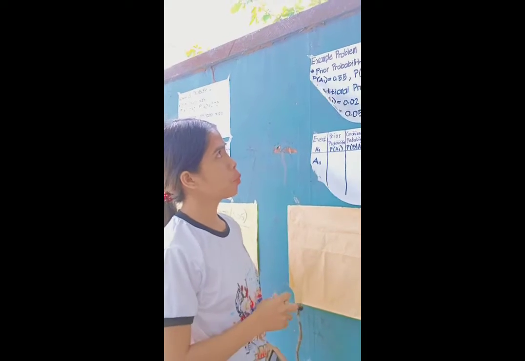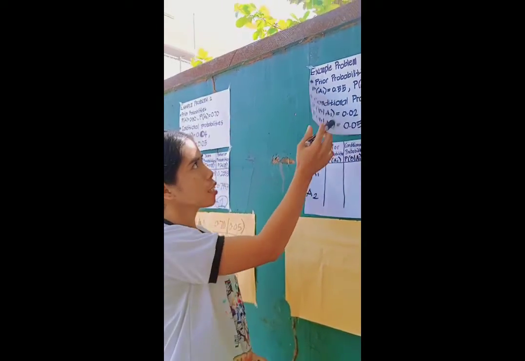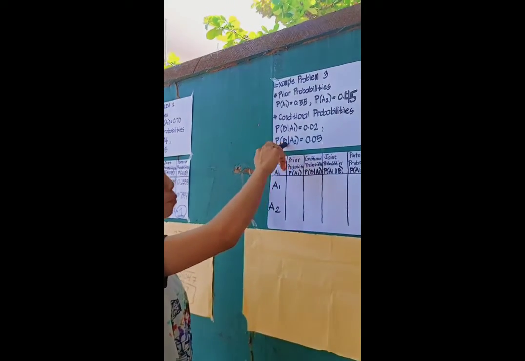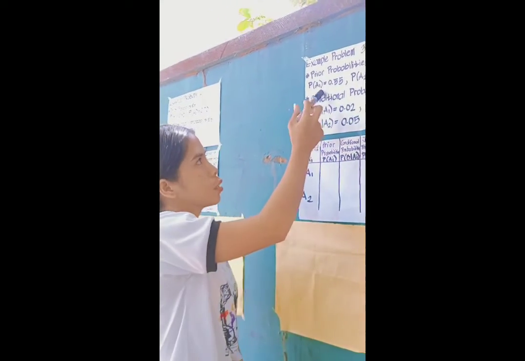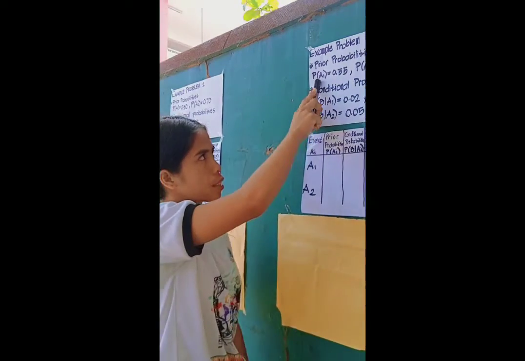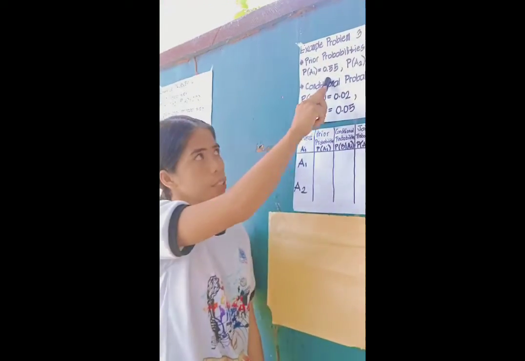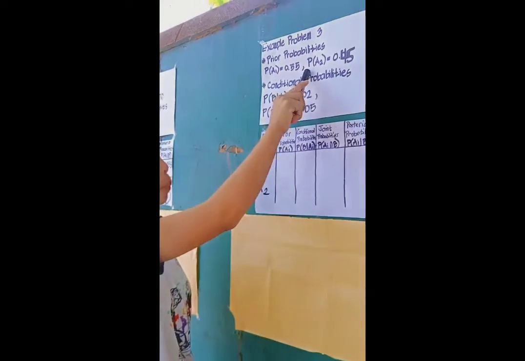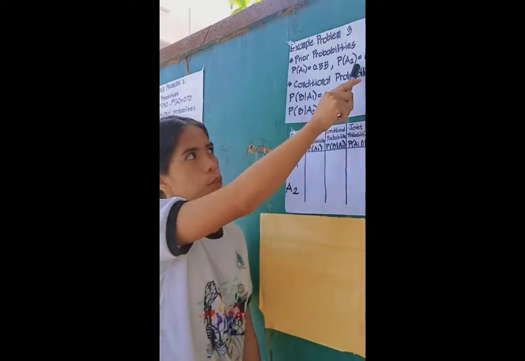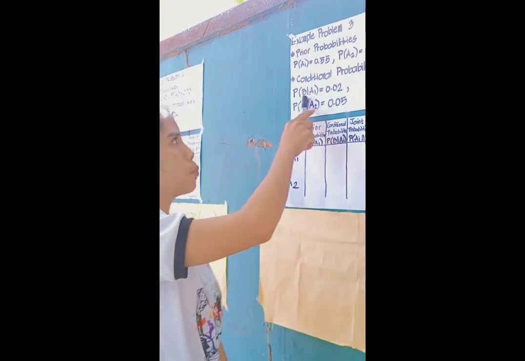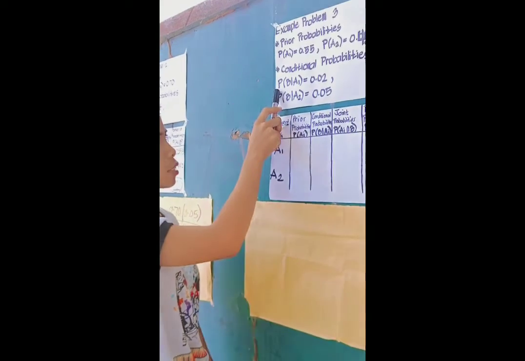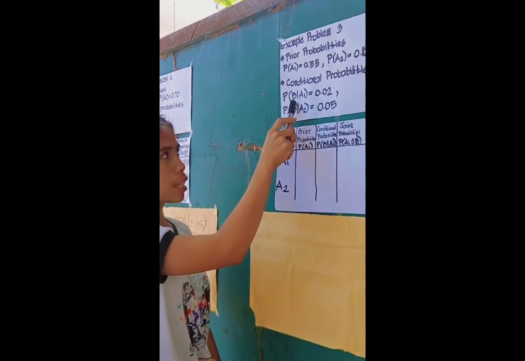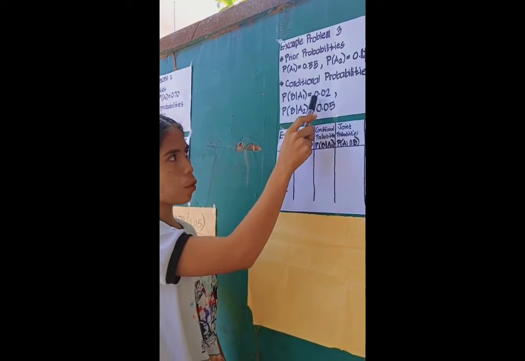For example problem number 3, find the posterior probabilities of the following. Prior probabilities: probability of E sub 1 is equal to 0.55. The probability of E sub 2 is equal to 0.45. For the conditional probabilities, probability of B given E sub 1 is equal to 0.02.